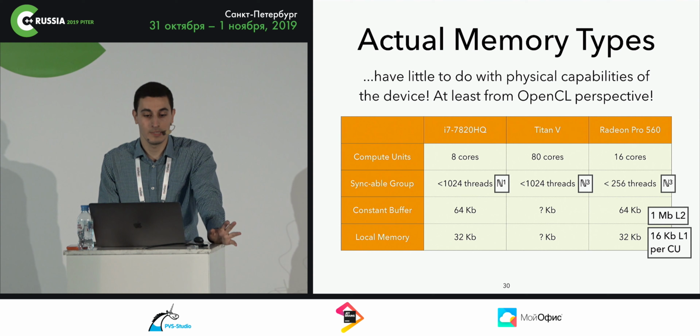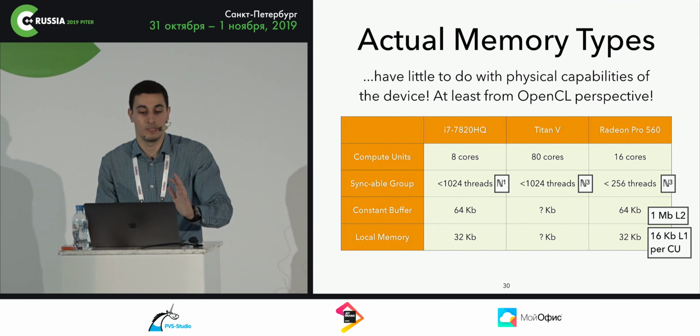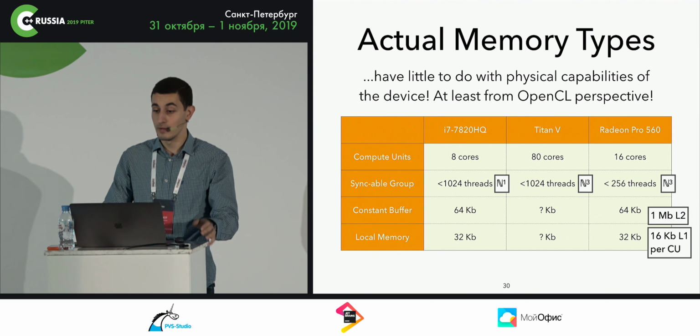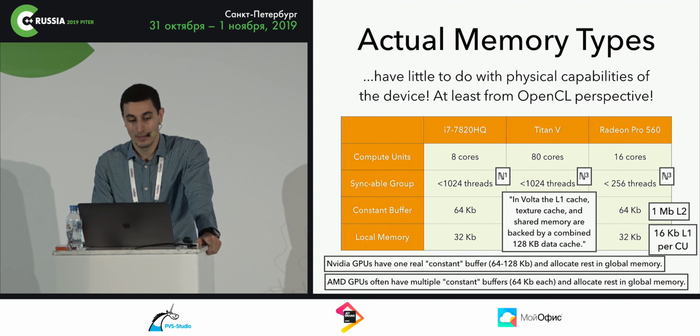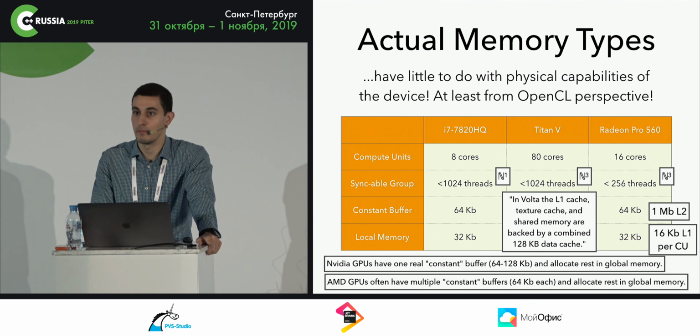So they all have very different numbers of compute units. They have different sizes of constant buffers. They have different sizes of local memory buffers that are designed physically on the chip. To make things worse, NVIDIA and AMD don't have some kind of standardized approach in terms of what's the size and the number of constant memory buffers designed in silicon.